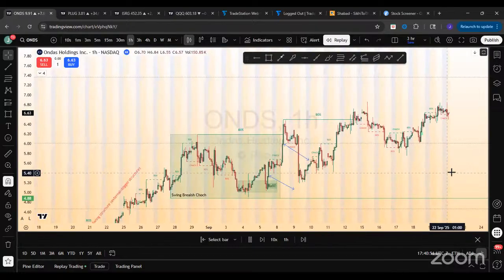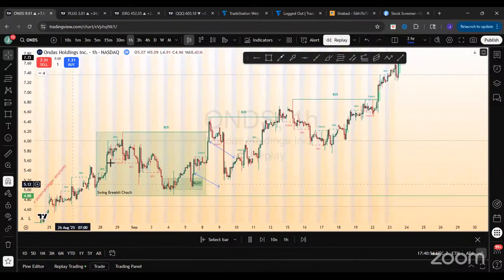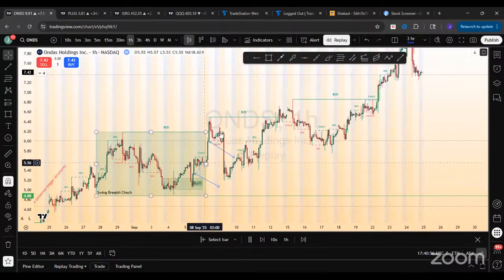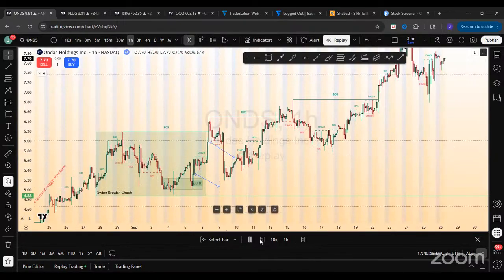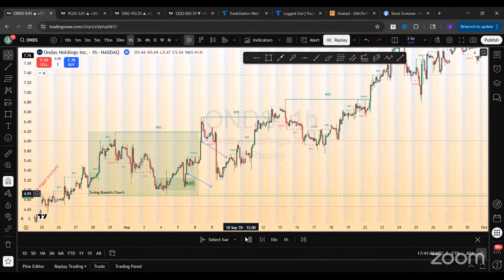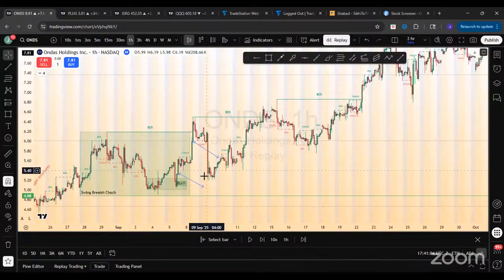Keep on going, because we already analyzed that it was in an uptrend. We confirm it with a local bullish change of character, right? So if you had entered here, this was a perfect entry right about here. But you could have entered here also.